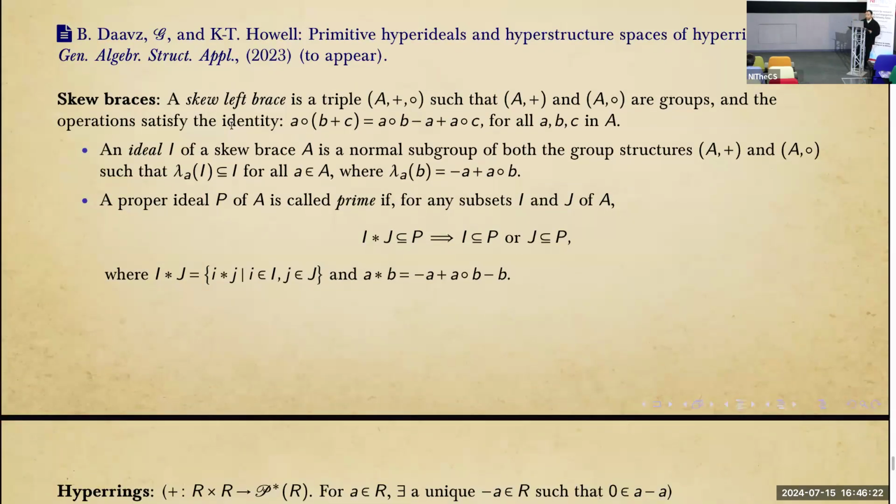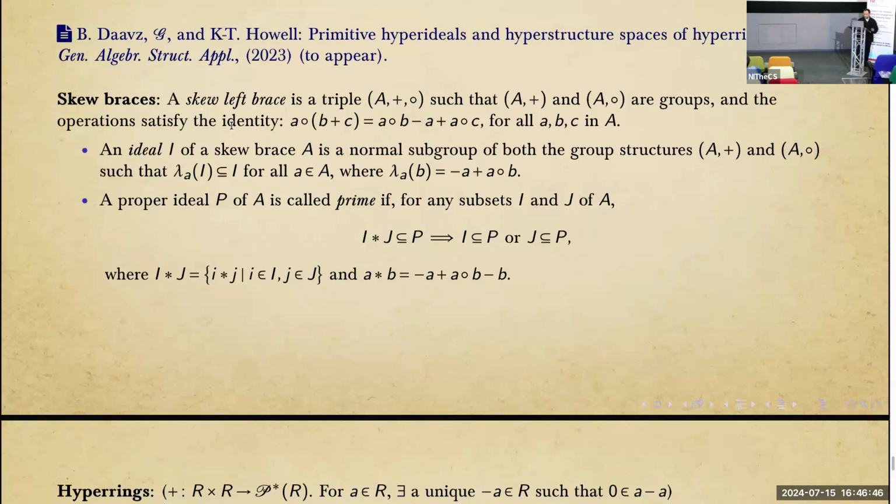How does it look? Using the definition of the star, you can define a prime ideal. Now, this definition is very similar to a ring: if the product of two ideals is below, then one of them is below. Since it's a nice, good prime ideal, you can put a Zariski topology on it, and then you can study some topological properties on these prime ideals.